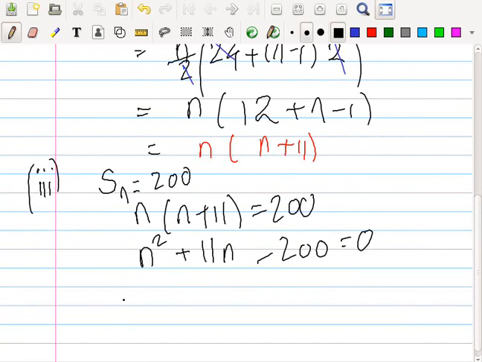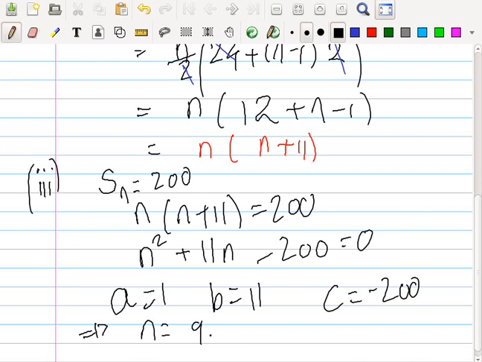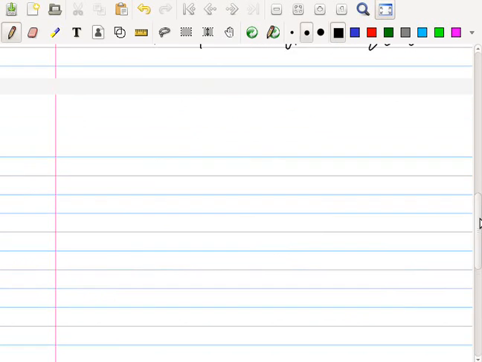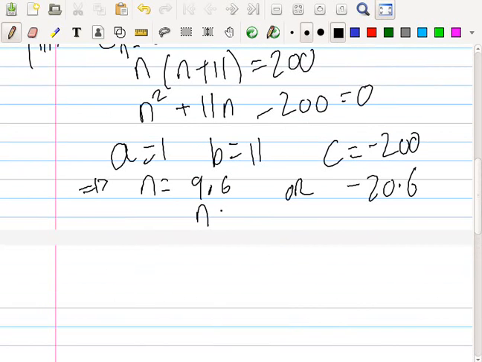Mod 53, the two answers here: 9.6 or minus 20.6. So that means n equals 9.6.